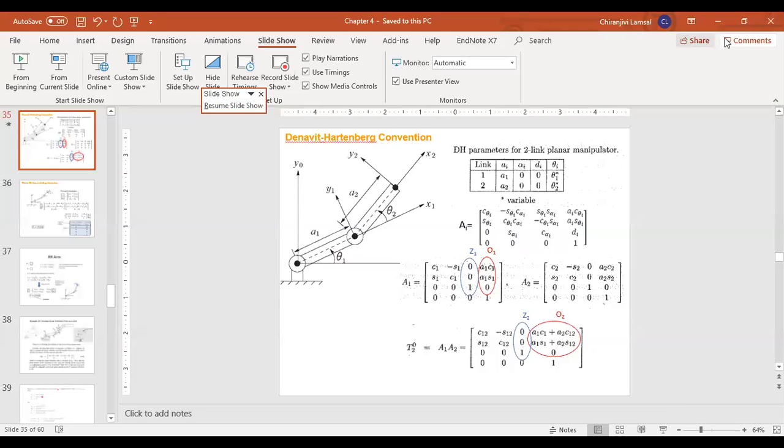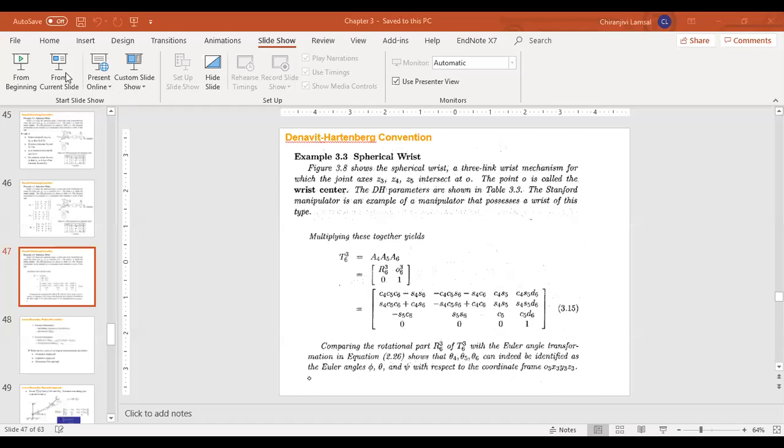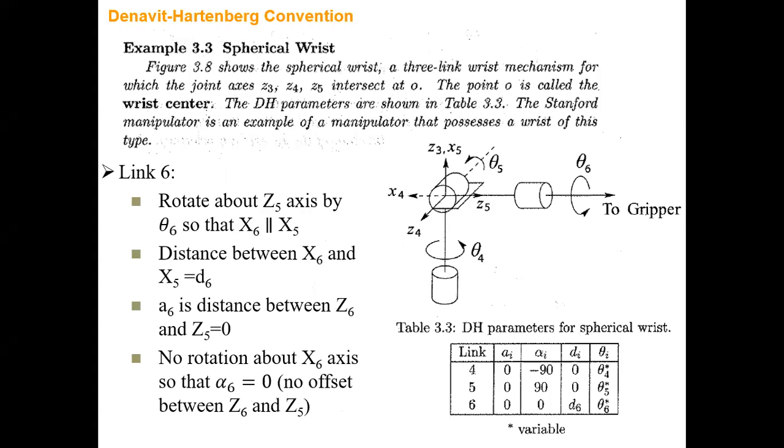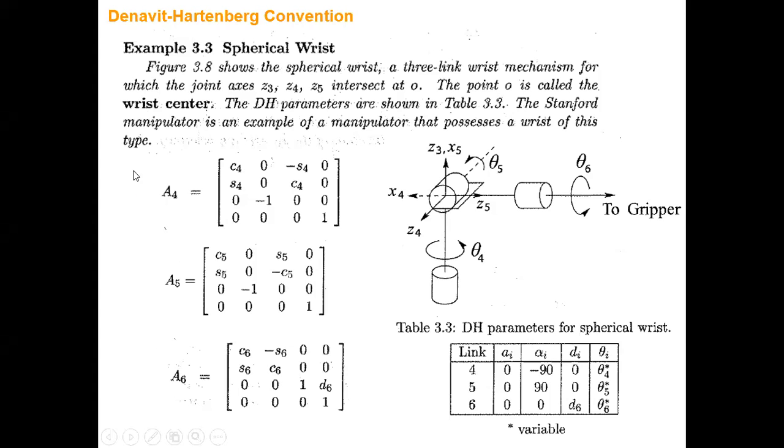So you see, we already know A1, A2, A3 for the wrist. Remember, we already know that. These are our A4, A5, and A6.